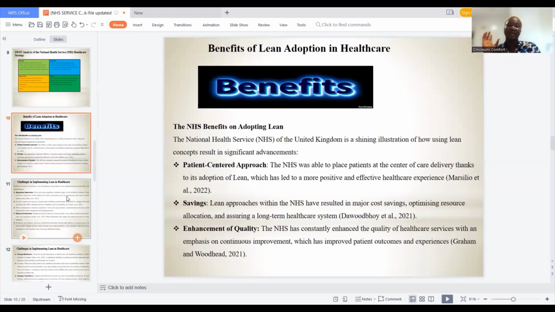This has led to a more positive and effective healthcare experience, long-term sustainability, and improved patient outcomes. They were able to sustain a lot of things and improve the outcomes of their patients by reducing wait time and so on.